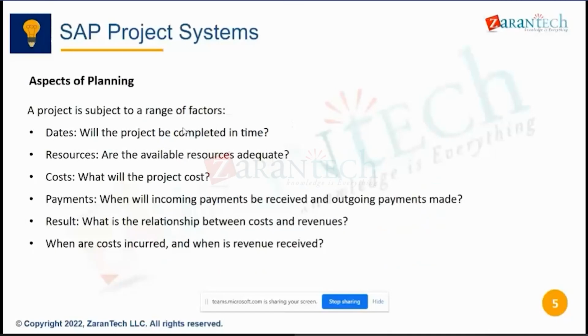So why do you need to do date planning? Because a project is something which has a limited duration. It has an end date, and it has a scope defined and a planned budget or cost.